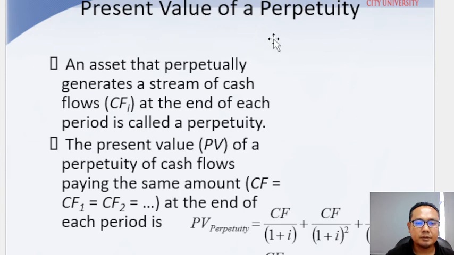With the present value of perpetuity, you have to wait until the end of each period, forever. The present value of a perpetuity paying the same amount at the end of each period is like this. So to see the present value of perpetuity, we have to use this kind of formula.